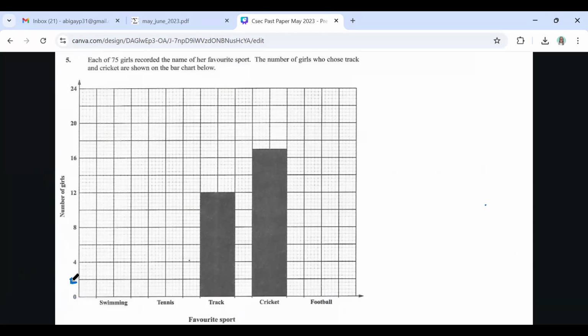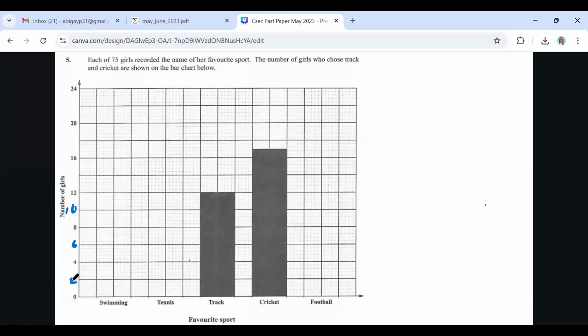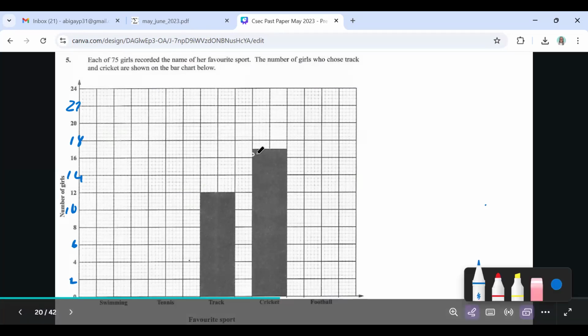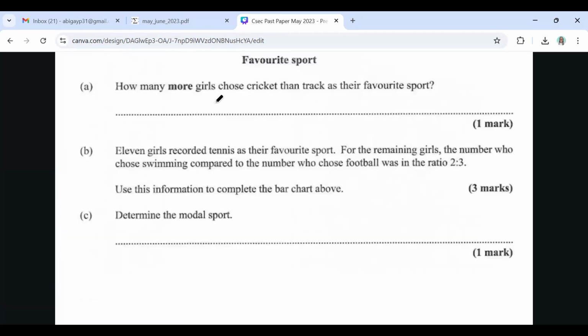So 2, 4, 6, 8, 10, 12, 14, 16, 18, 20, 22. So cricket is in between 16 and 18, so we know that is 17. So 17 subtract 12 gives you 5. So that's our answer right there.